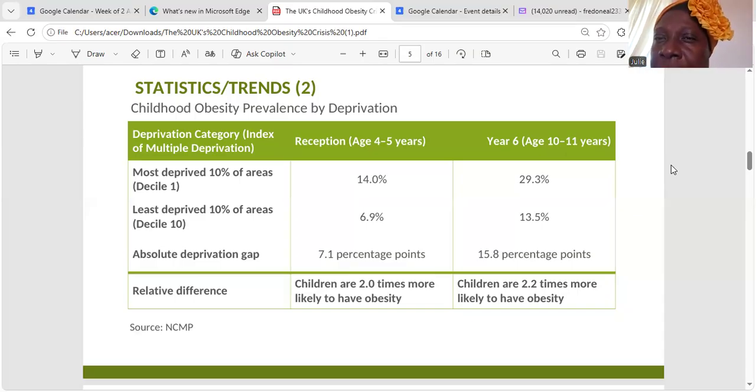In the least deprived areas, the number is 7.1 percentage points.